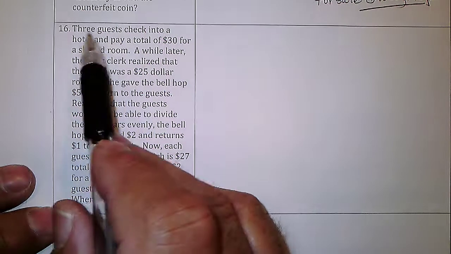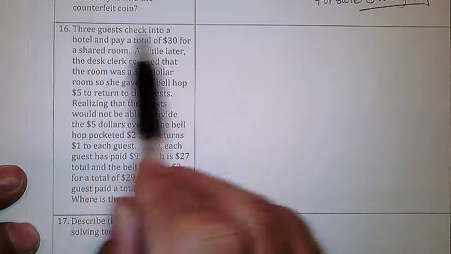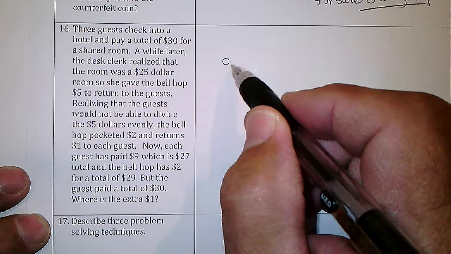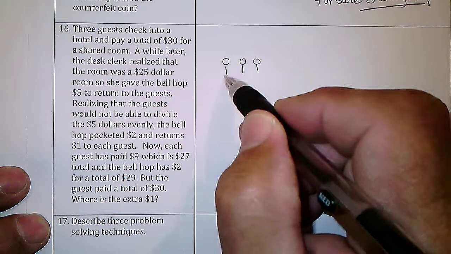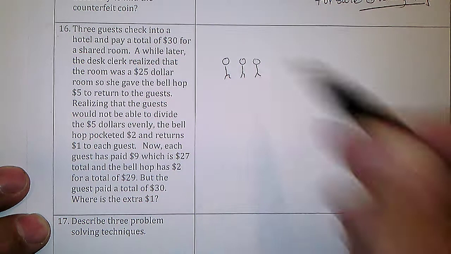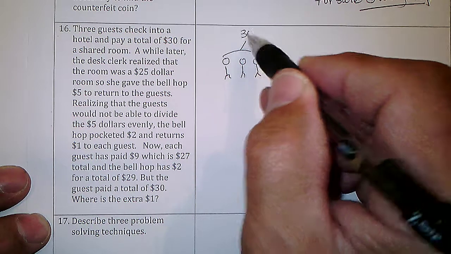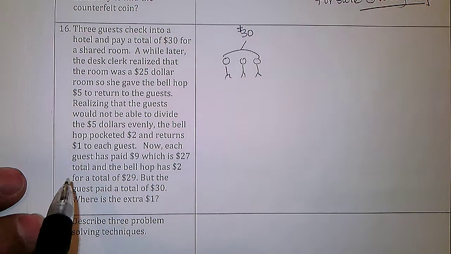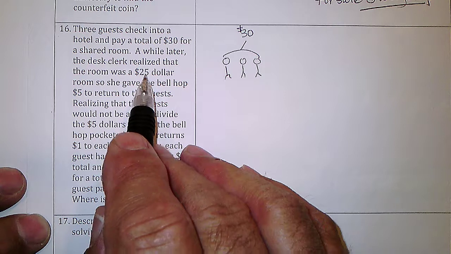Okay, classic problem here. You'll probably hate me for doing this, but 3 guests check into a hotel and pay $30 for a shared room. So here's my 3 guests, and together they pay $30. They go up to the room, and a while later, the room was only $25.